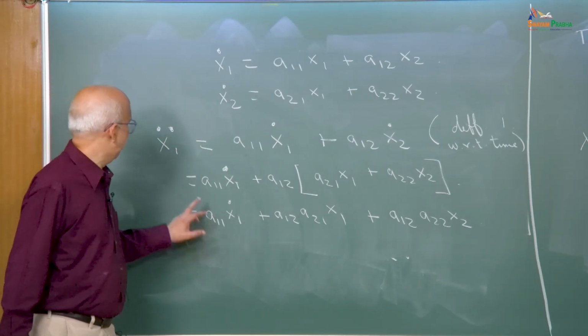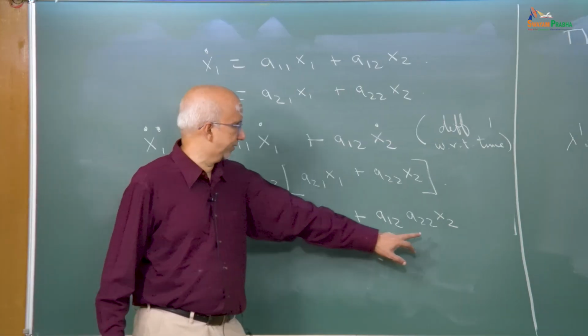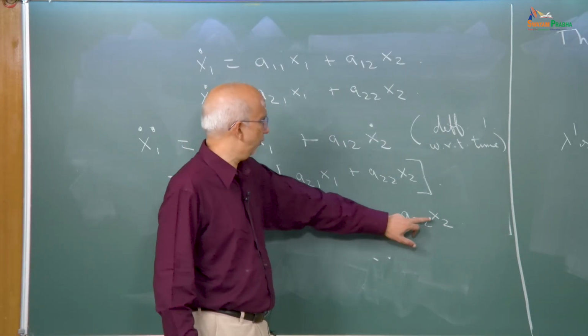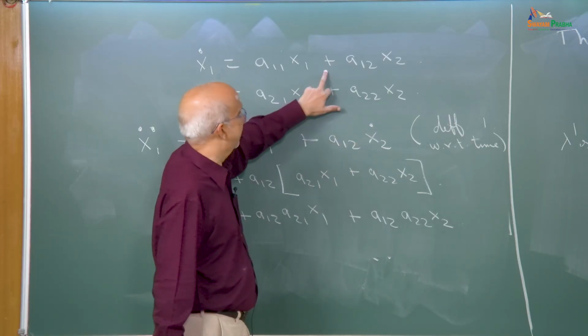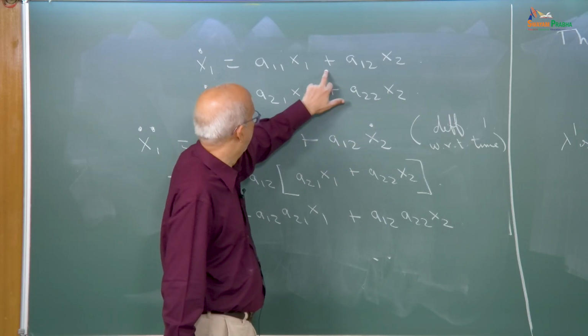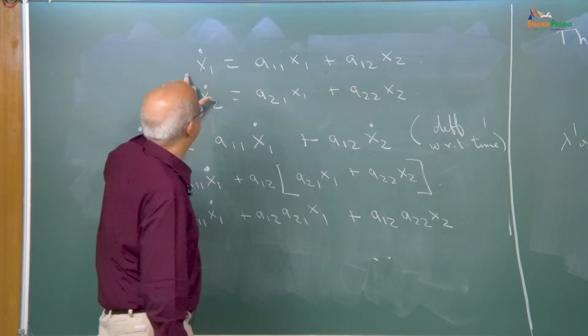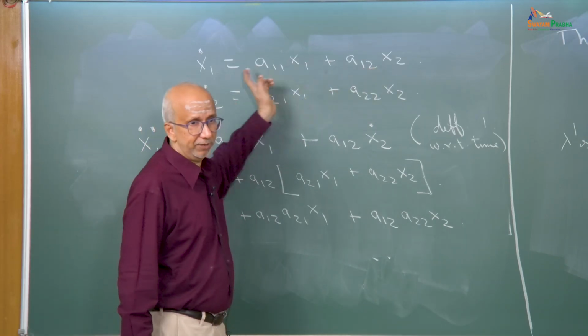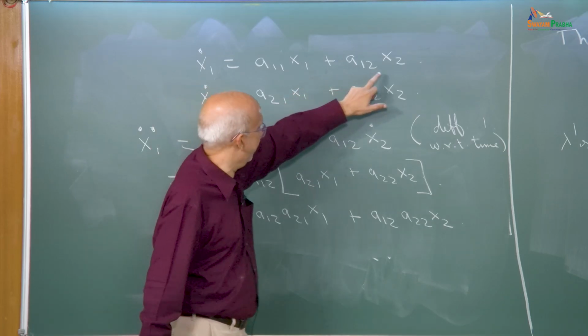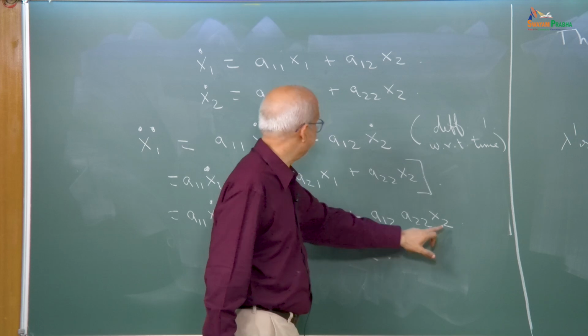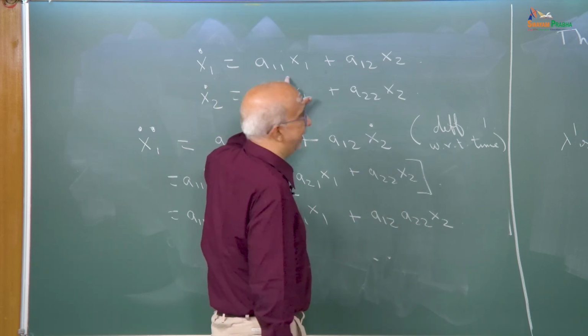So, I have x1, x1, x1, but I still have an x2 here. I do not like that, because I said I want everything in terms of x1. So, I come back here and use this first equation to write x2 in terms of x1 dot and x1. So, A12 x2 is x1 dot minus A11 x1.